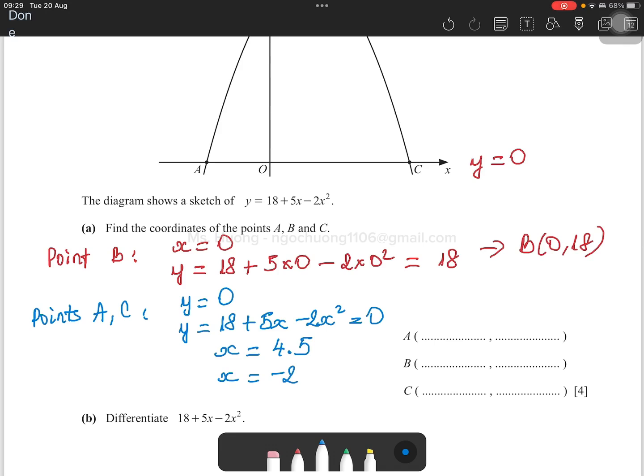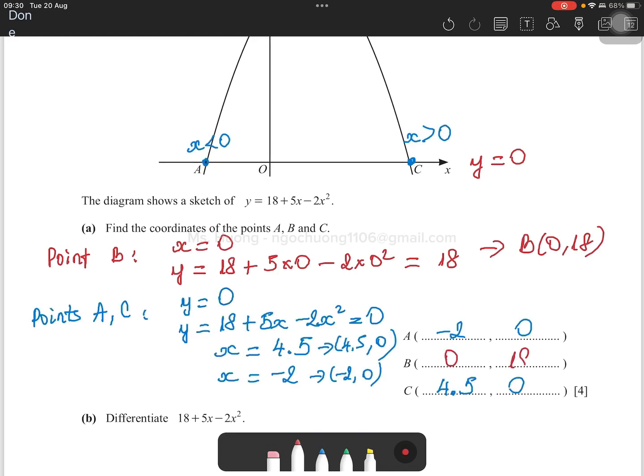And thus we have 2 points. The first point is (4.5, 0) and the second point is (negative 2, 0). You know that A has a negative value of x and C has a positive value of x. So A should be (negative 2, 0), and C should be (4.5, 0). Then B is (0, 18).